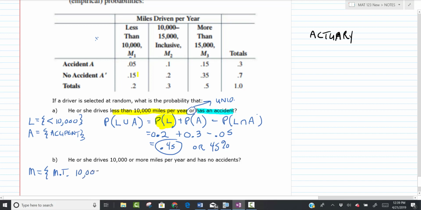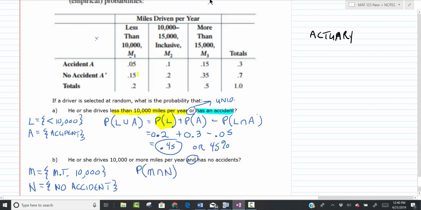There'll be that set. And then the second set, I'm going to say N for no accidents. It's a good idea when you do this to identify the sets and just use symbolism. Now, this is an AND probability, so we're looking for the probability of the intersection of these two events happening.